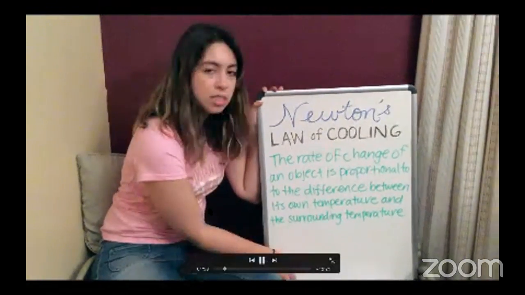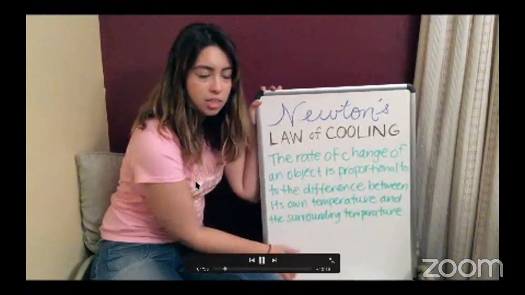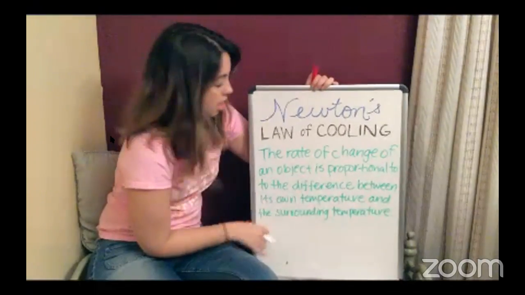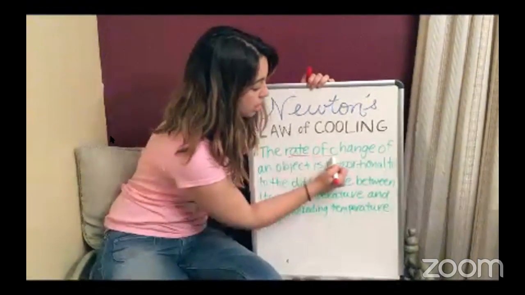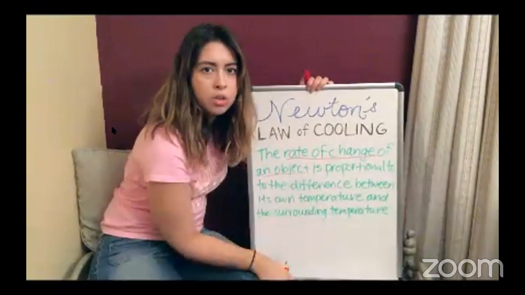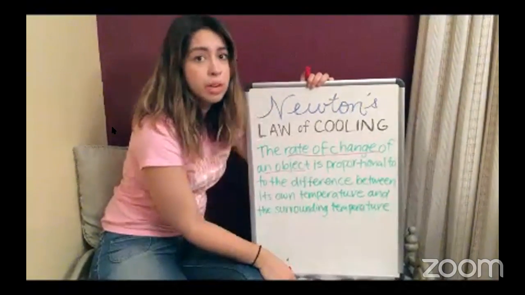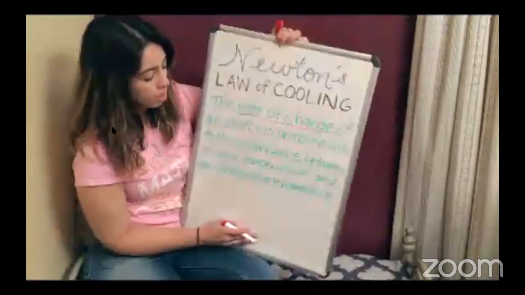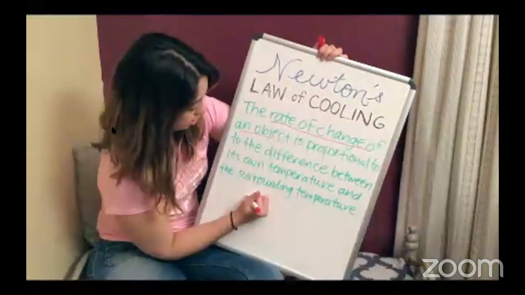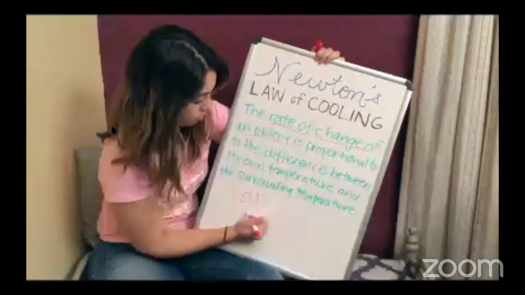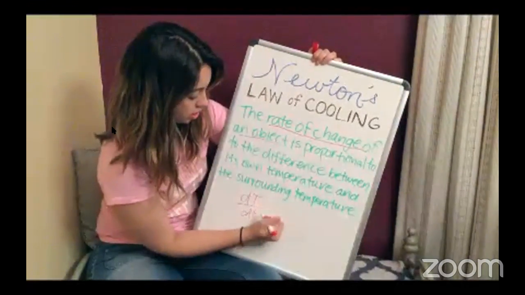So let's see if we can write an equation out of this definition here. We see the first phrase says the rate of change of an object. So how do we write rate of change? Well, rate of change is the same thing as a derivative. So we're going to write dT over dt.